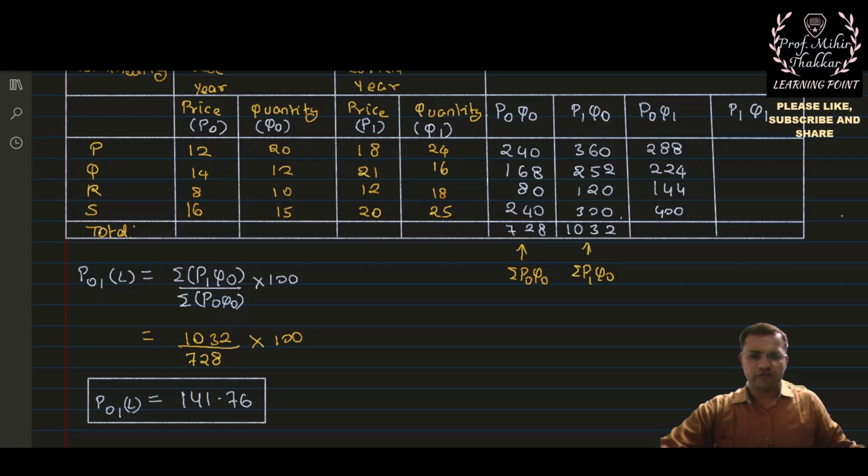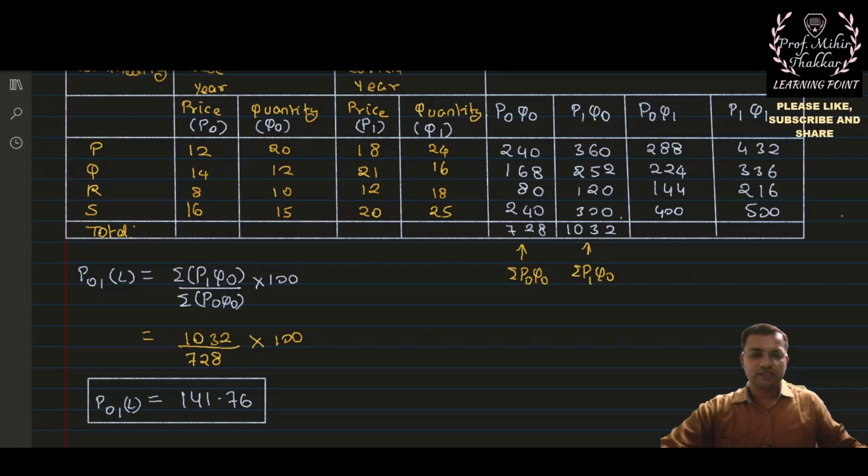Let us first of all multiply P1 and Q1. So again I have over here 18 into 24, that is going to give you 432. 21 multiplied by 16, that is going to give you 336. 12 into 18, that is 216. And the last 20 into 25, that is going to give you 500.